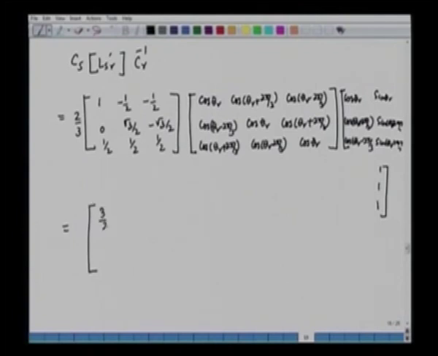It is 3 by 2 times LMS, 0 and 0, 0, 3 by 2 LMS, 0, 0, 0 and 0. So, this is the matrix which is independent of theta r, although we have seen that originally the mutual inductance matrix between the stator and the rotor is a function of theta r.